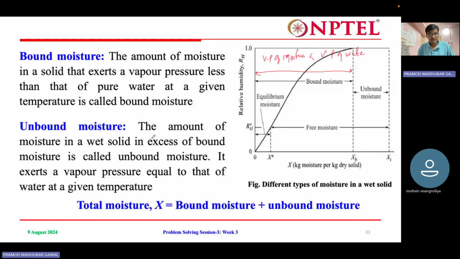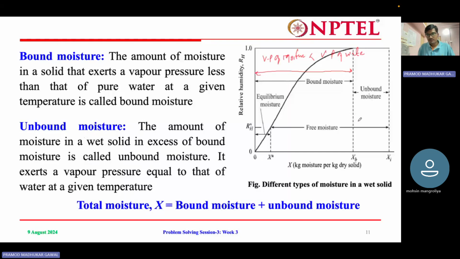And unbound moisture: the amount of moisture in a wet solid in excess of bound moisture is called the unbound moisture. So here is the excess of bound moisture, that's called the unbound moisture. It exerts a vapor pressure equal to that of water.